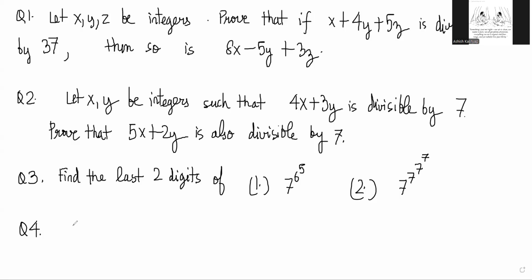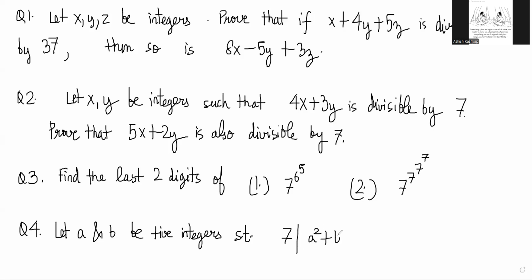Question 4 is let A and B be positive integers such that 7 divides A square plus B square. Prove that 7 divides A and 7 divides B.